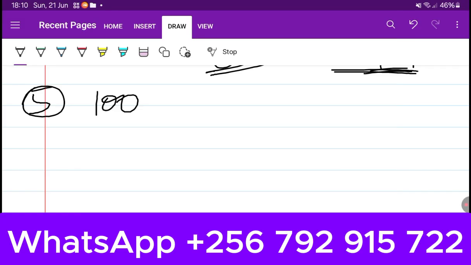But for now, I can't pick any value that is less than 100. Maybe I pick 99, this will not be convenient for me if I'm adding mathematically. So I'm going to take the 100 to be my starting point as the lowest class limit.